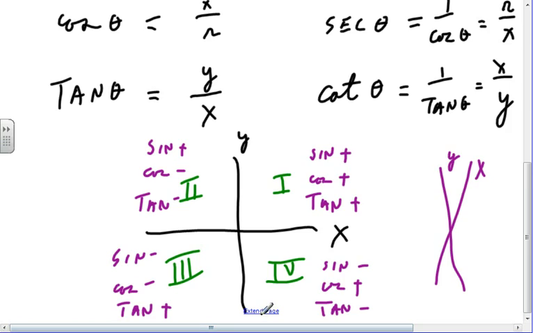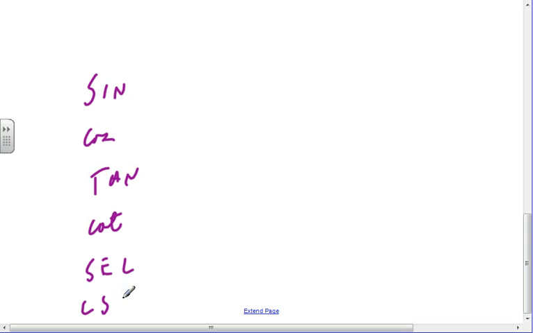Then look at one more thing before we start working problems. So I've got a sine, a cosine, tangent, cotangent, secant, cosecant, all of theta.